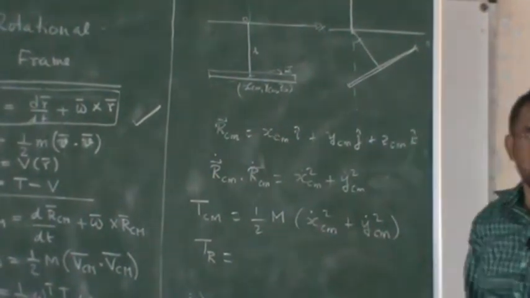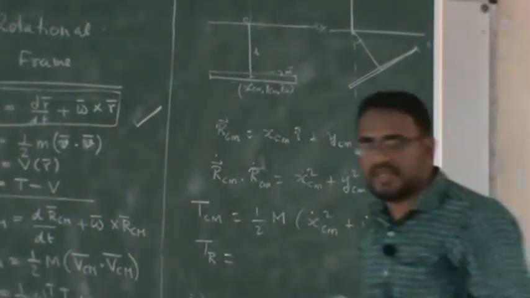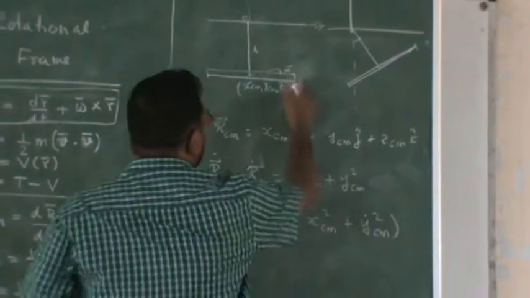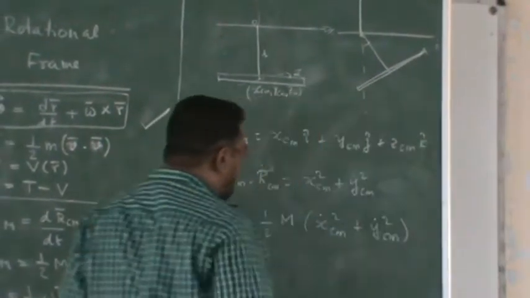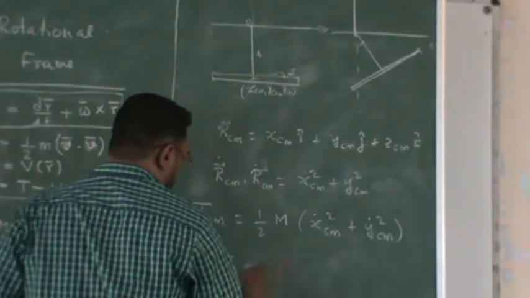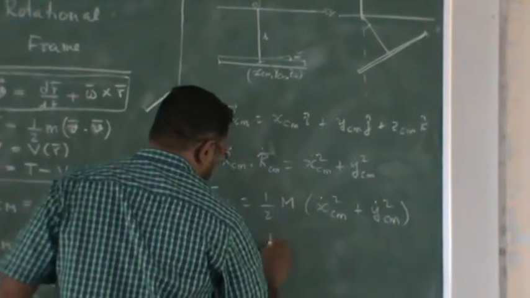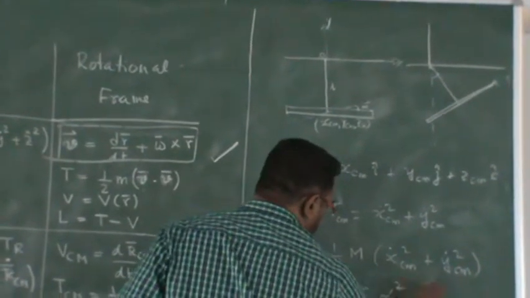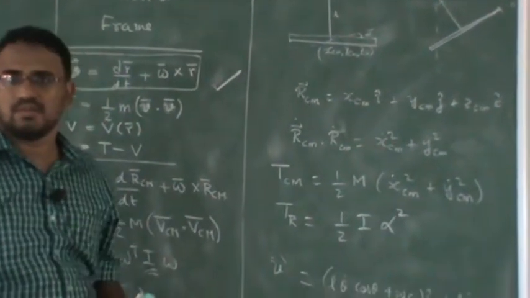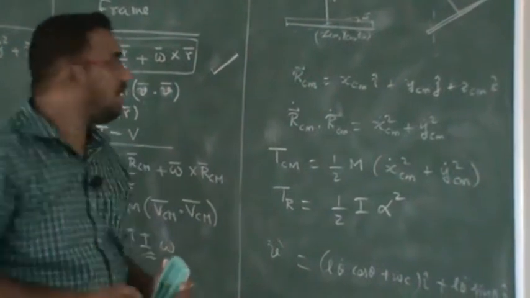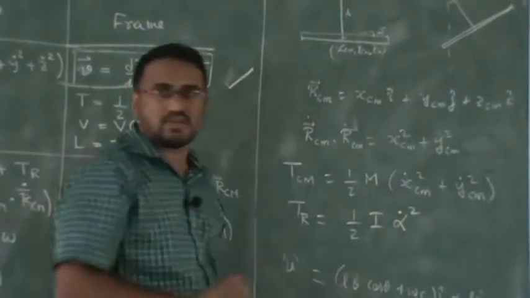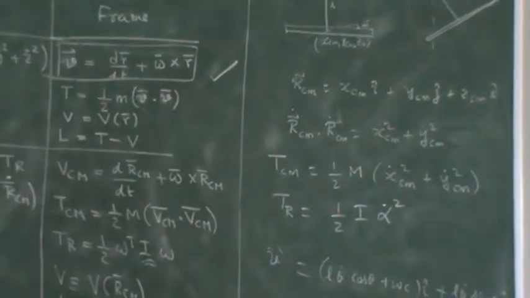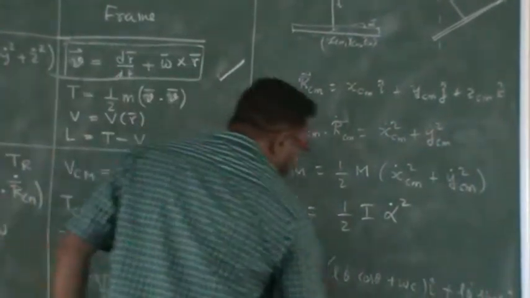Therefore, this system has 2 degrees of freedom. So this motion about the center of mass, I call it half I alpha dot squared. So this is the kinetic energy.